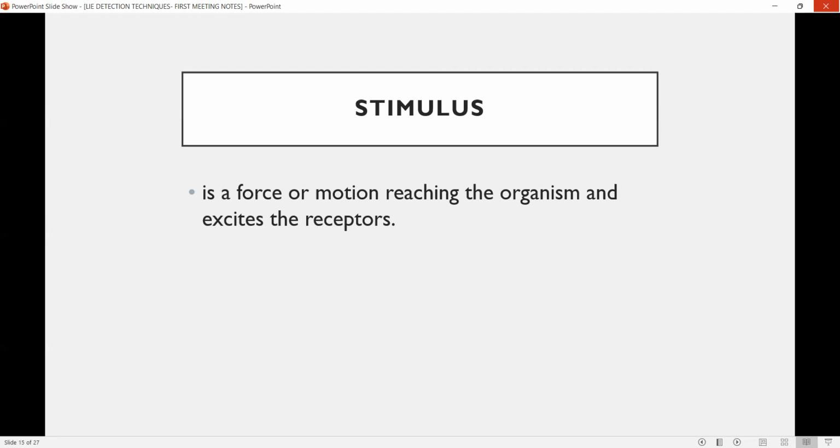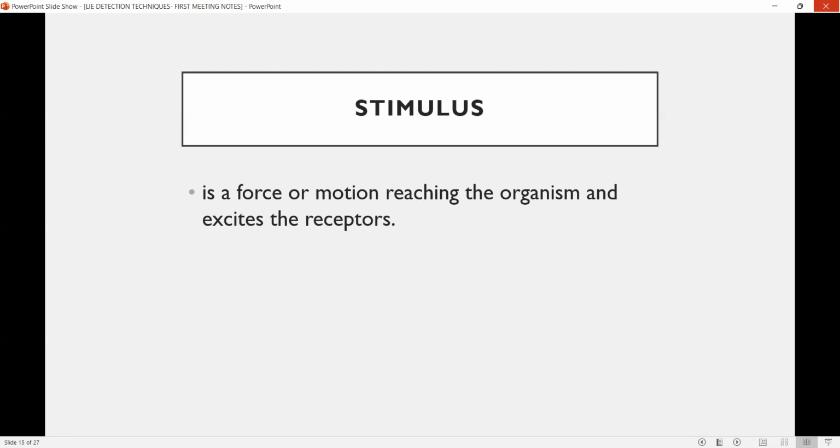Okay, during the polygraph examination again, the polygraph examiner may question you, either with relevant or irrelevant questions. And if a question gani kag relevant questions, that is considered as a stimuli.